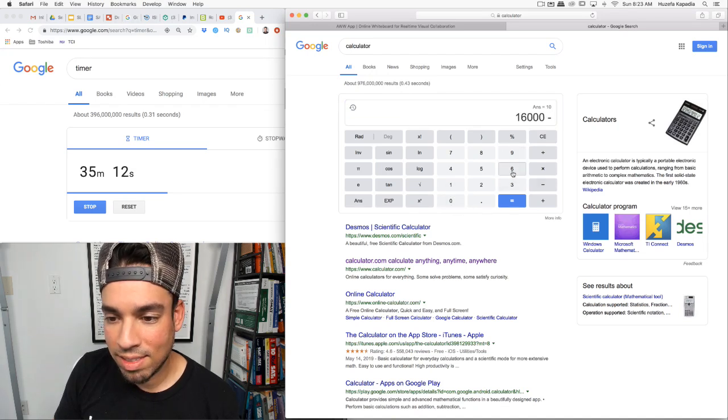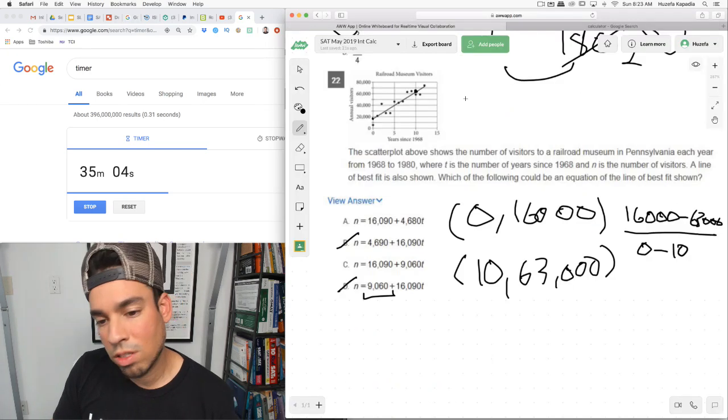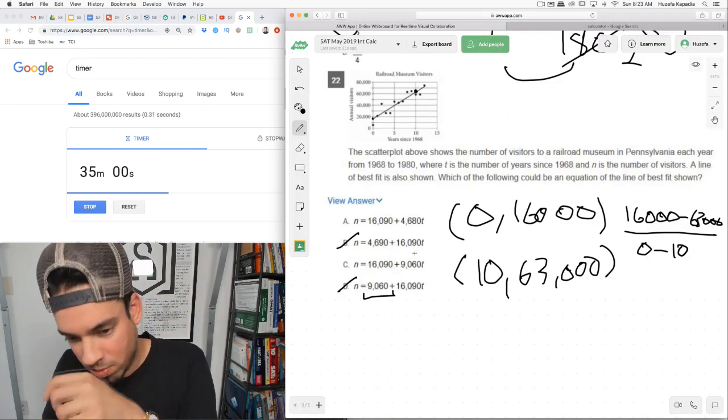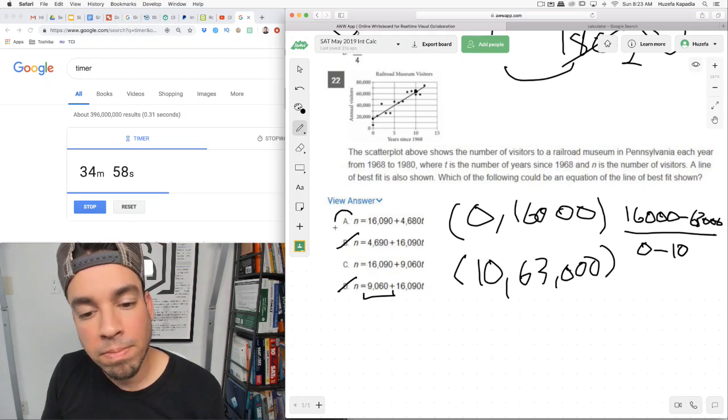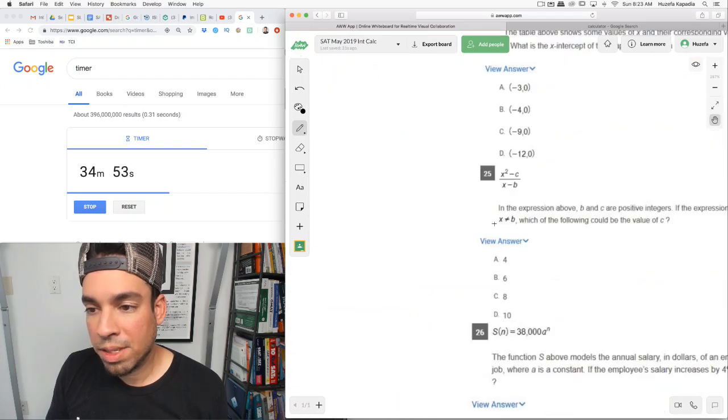There we go. It's 4.7, and it's positive because it should be divided by negative 10. So 4,700 is about the slope, not 9,000. And there we have it. A. That's a good line of best fit.